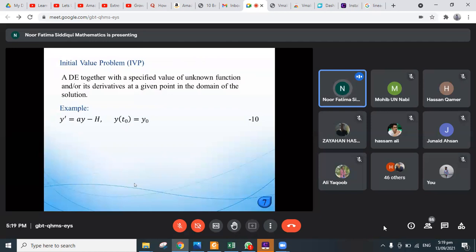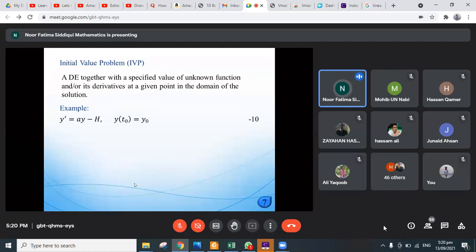Initial means something to start with, right? If a differential equation is given with an initial condition, we say that it is an initial value problem, or IVP. Now the question is, what is an initial condition? An initial condition is some particular value of the dependent variable and its derivatives at only one value of the independent variable.